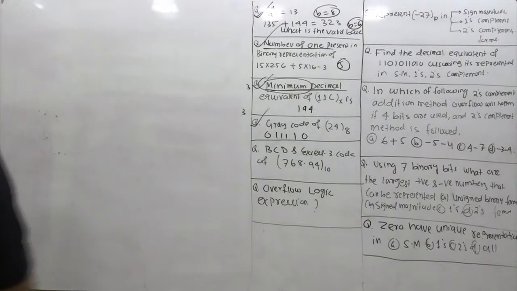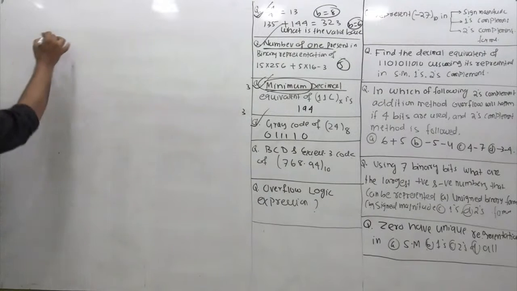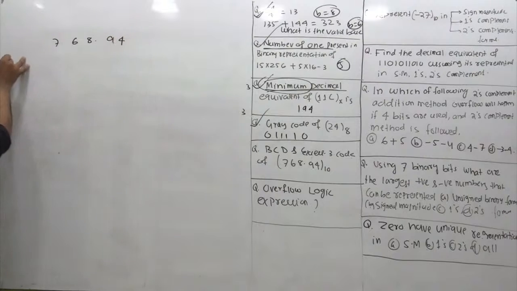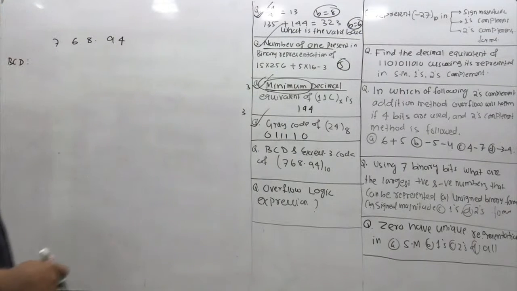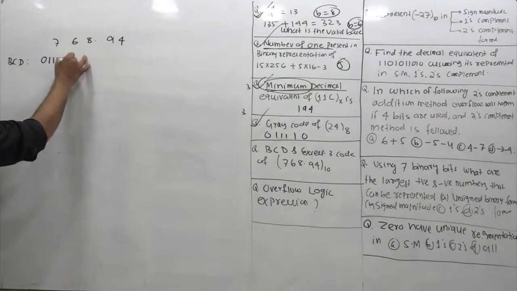The next question is, you have to find the BCD and Excess-3 code of a decimal number, which is 768.94. How to find the BCD code? BCD code means you just replace each decimal digit by its 4-digit binary equivalent. Very straightforward logic. 7 is 0111, 6 is 0110.